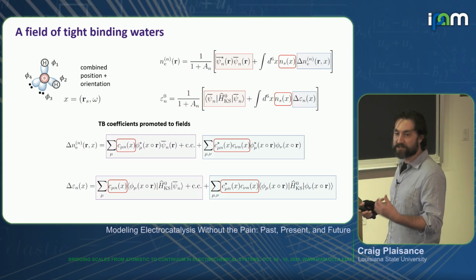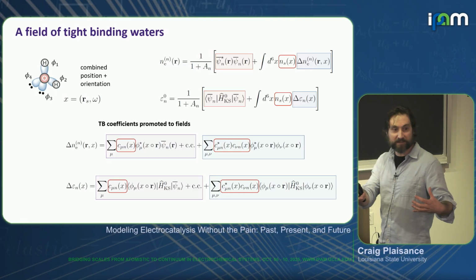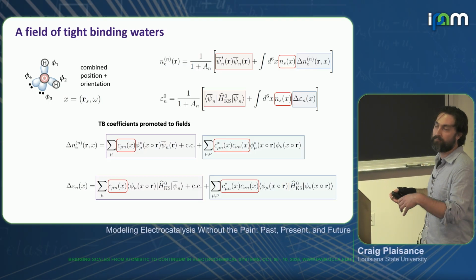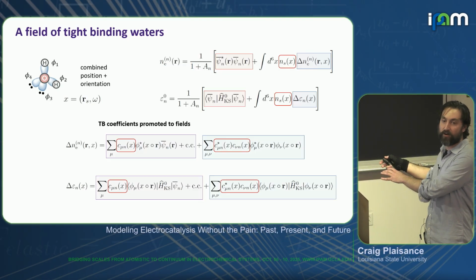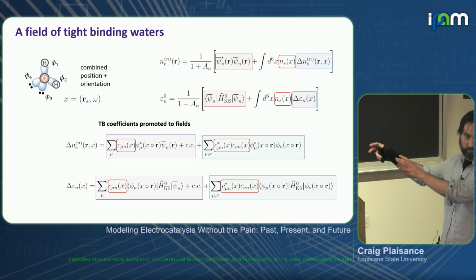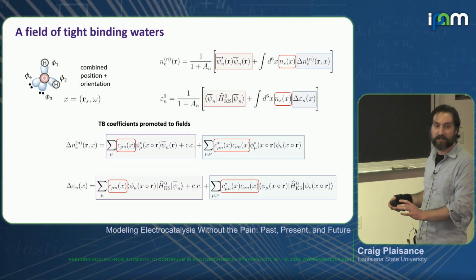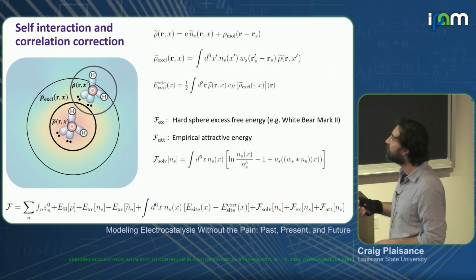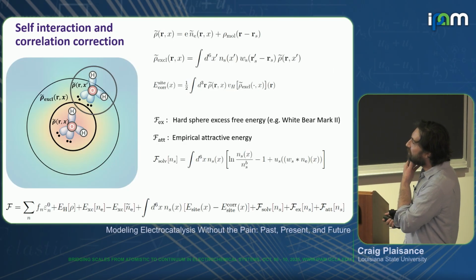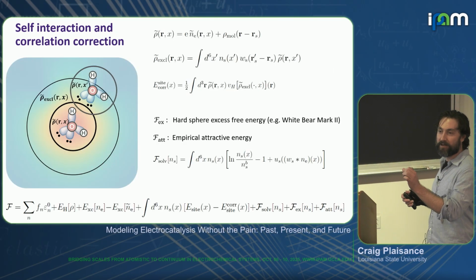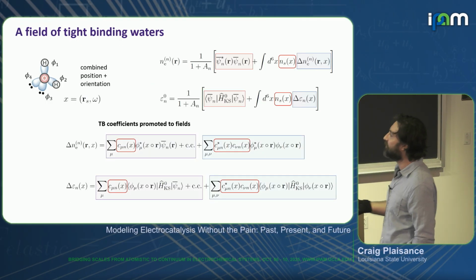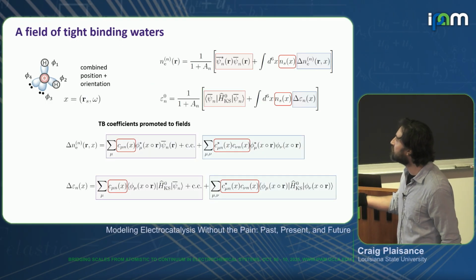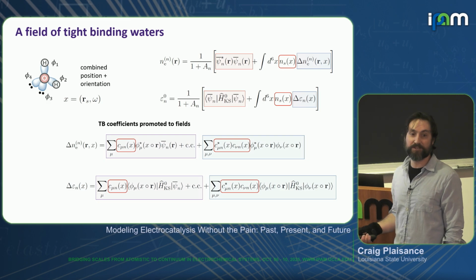Basically what we're doing is we're assuming that the explicit part of the system feels the mean field configuration of the solvent. That's the approximation that goes behind all of this. One issue, though, is that now that we've promoted these, and let me just point one thing out. All of these can actually be computed by convolutions.